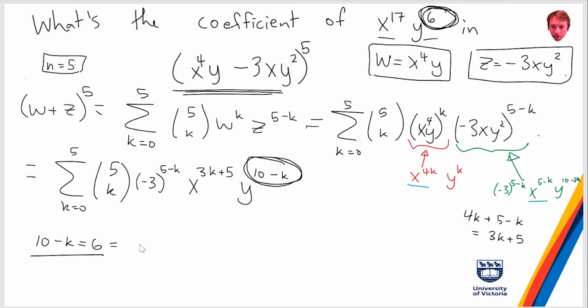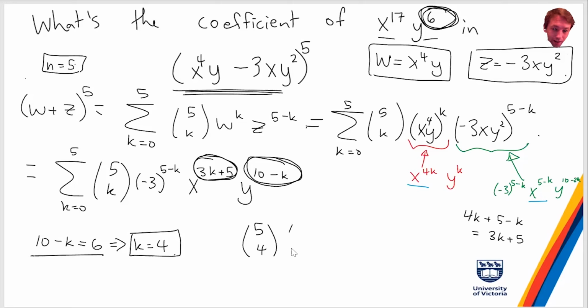Because I'm looking at this 6, and I want the exponent on y to be 6. And I know that the exponent on y is 10 minus k. So when does that happen? Well, that means that k is 4. And fortunately, when you plug in k equals 4, luckily, you also get a 17 here.